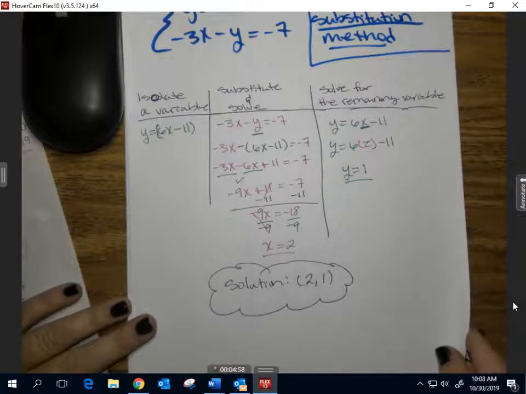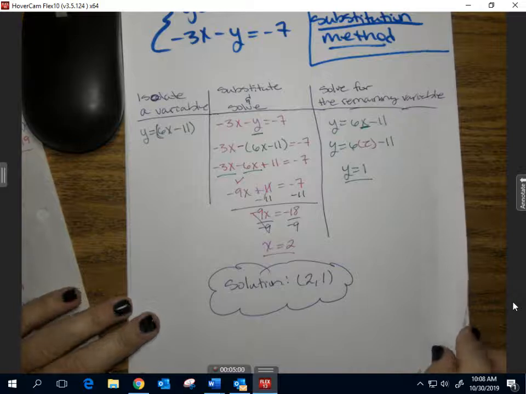So that brings me to the other thing we need a kind of refresher on, and that is factoring.